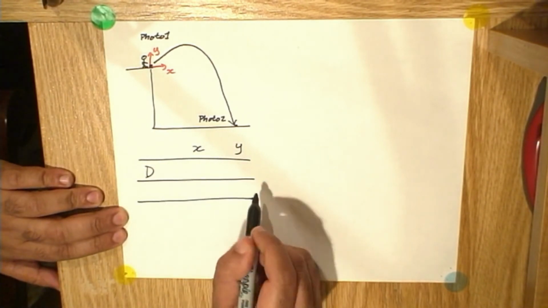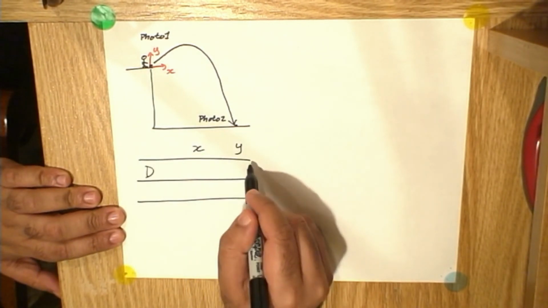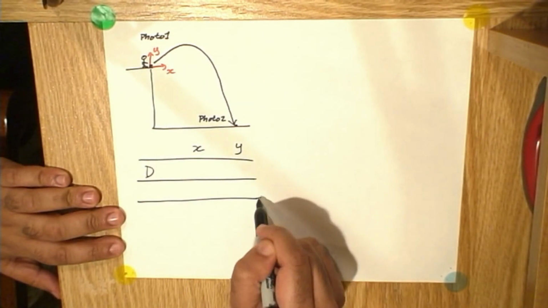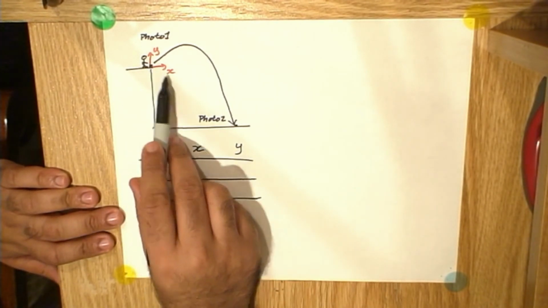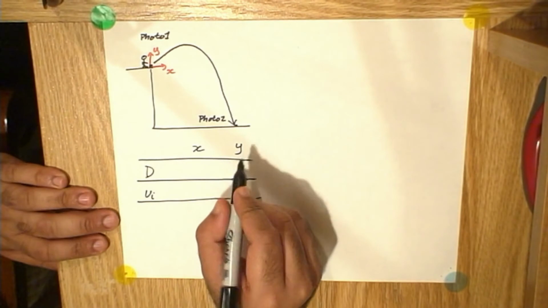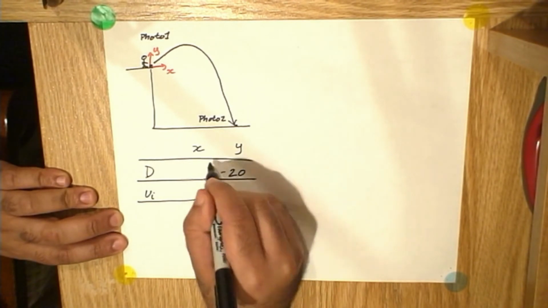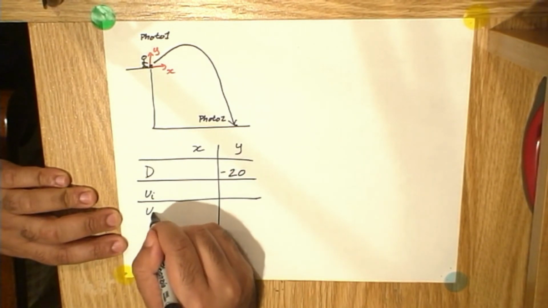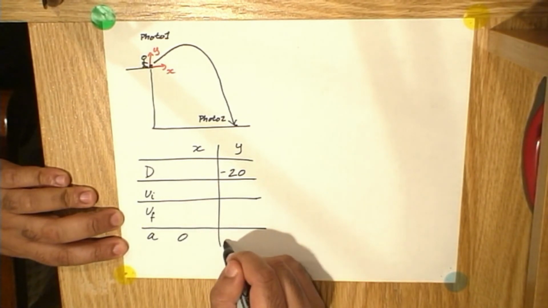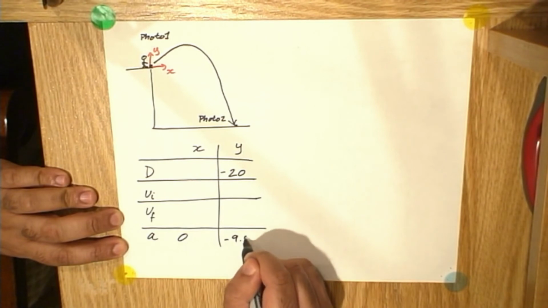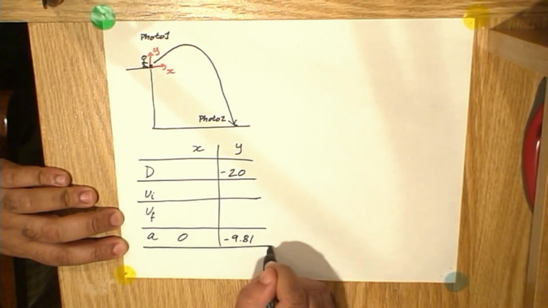We want to find out how close the golf ball lands to a certain region of the golf course. We do know that the golf ball is overall going to descend by 20 meters. Because this is a projectile, acceleration is going to be 0 in x, negative 9.81 in y.